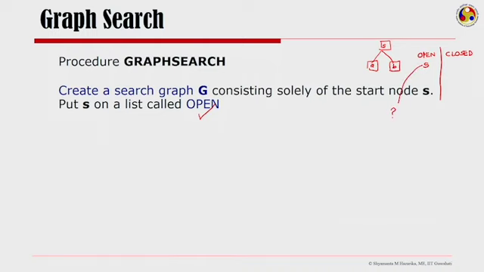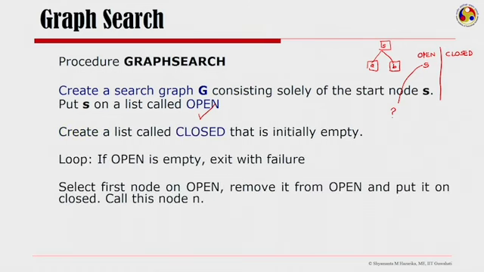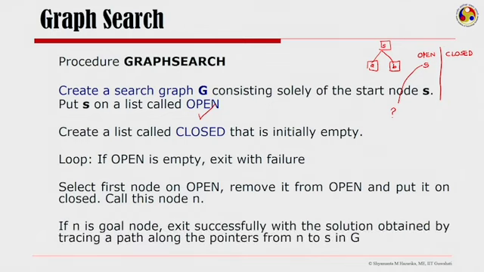So we pick up S, and what we want to check now is whether S is the goal node itself. If not, we generate its successors. If S is the goal node, we have nothing to do; we must come out and exit. That's the check here.